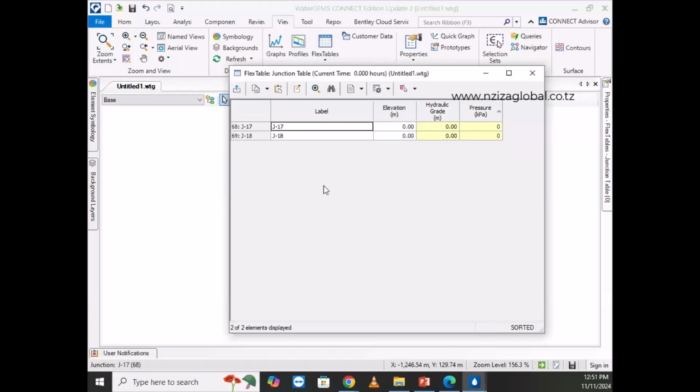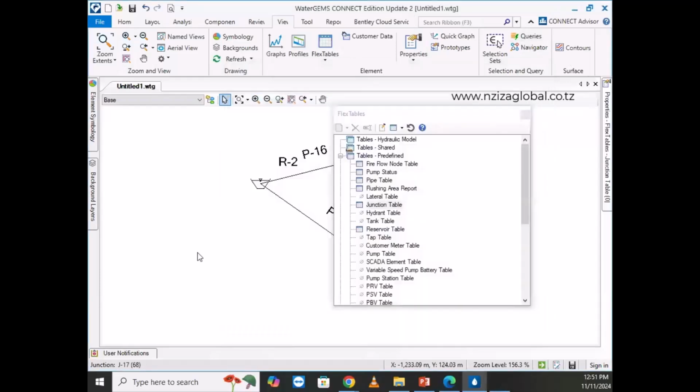What else are you seeing? The hydraulic grade line of that node. The ID is the identification of that junction. All of that information can be found in those tables. Okay? So someone can also open it for the pipes and tell me what he's seeing.